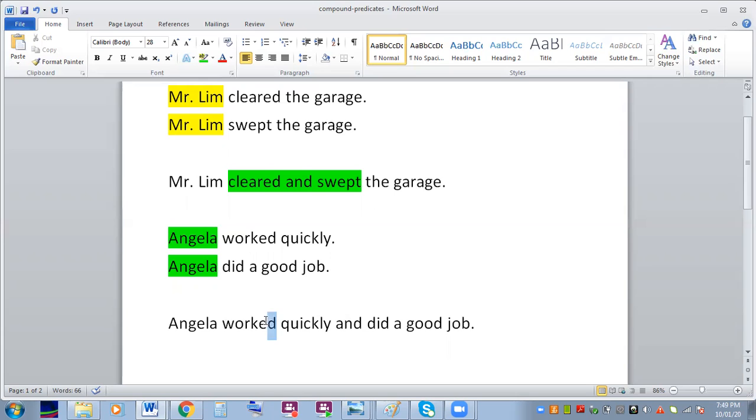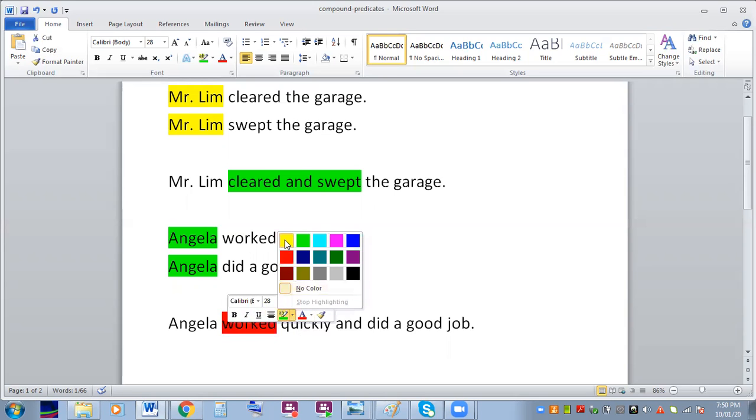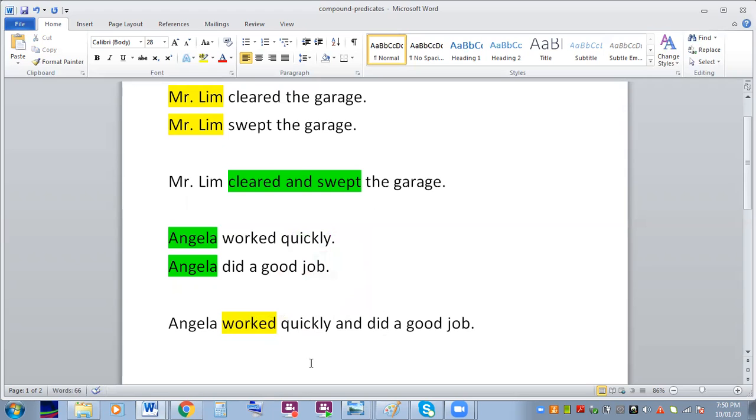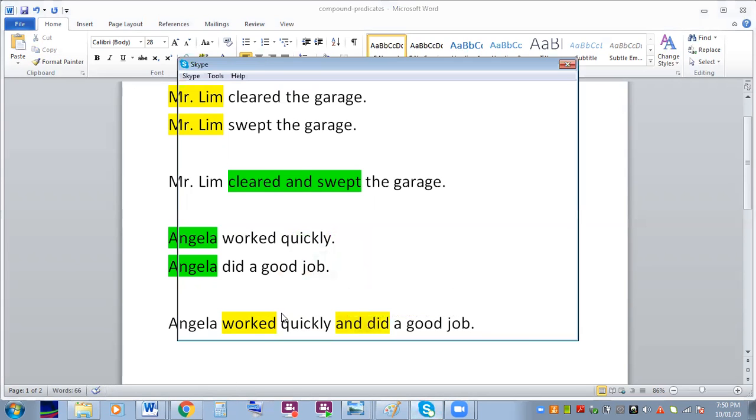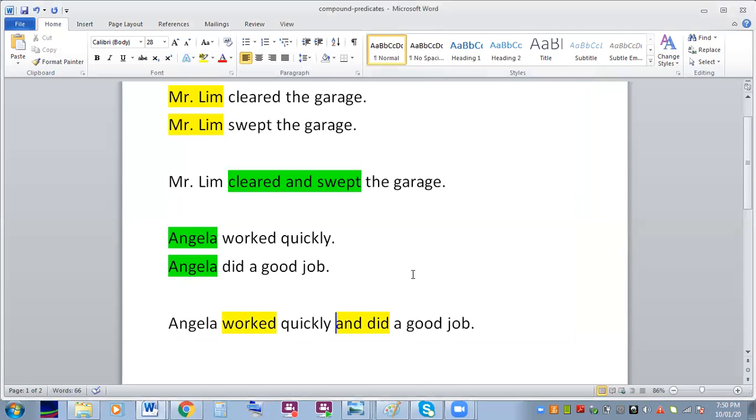What did Angela do? She worked. Okay, the first thing Angela did, she worked. And the second thing that Angela did is she did. So this is our compound predicate. The action, how did that get there? All right, the action that Angela did in the first sentence.